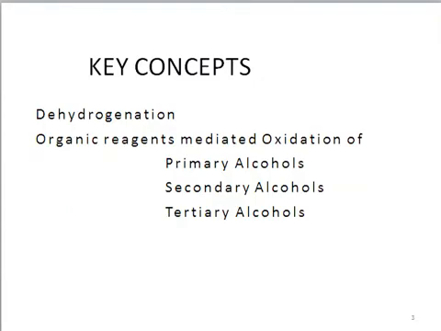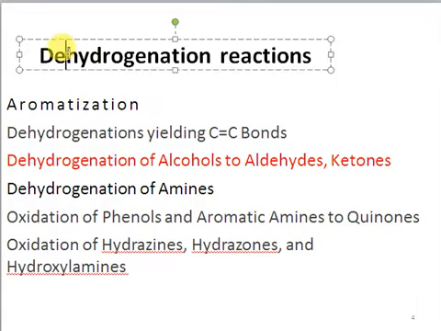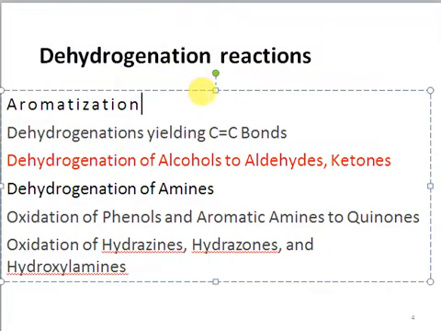The key concepts of this lecture will be dehydrogenation and the use of reagents for oxidation of primary, secondary and tertiary alcohols. So dehydrogenation reactions are reactions that result in elimination of hydrogen from a molecule, right? Whenever there is elimination of two hydrogen atoms from a molecule, we say the reaction is a dehydrogenation reaction.